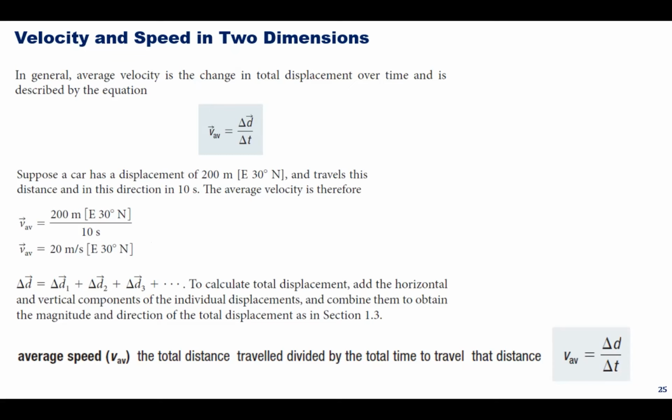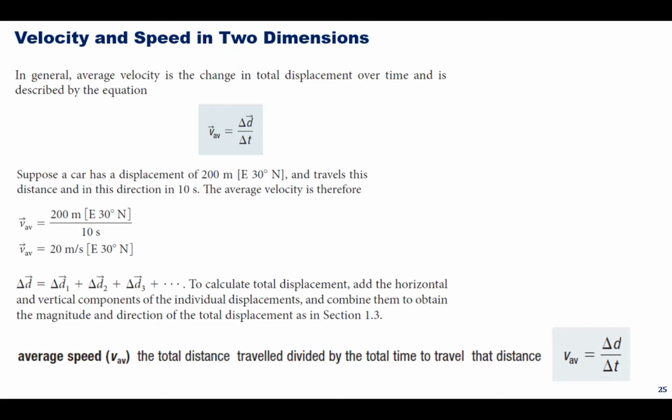To calculate the total displacement, add the horizontal and vertical components of the individual displacements, and then combine them to obtain the magnitude and direction of the total displacement, as in section 1.3, which we have already discussed yesterday, right?